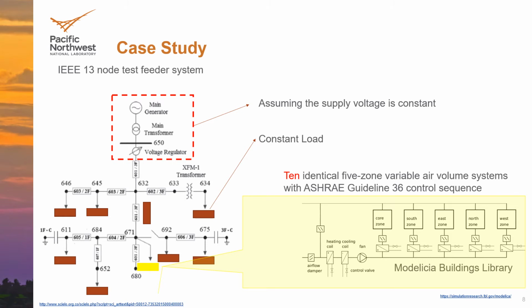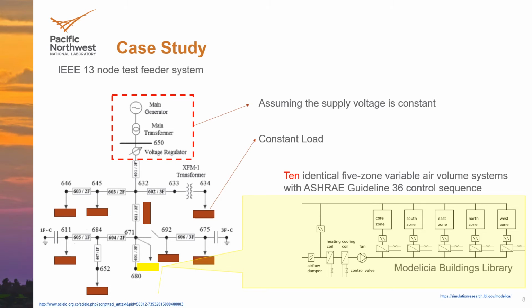After validation is performed, we also conduct a case study. In this case study, we consider an IEEE 13-node standard test feeder system. Compared to the original test feeder system setup, we added two major assumptions. The first assumption is that the supply voltage from the transmission system is constant.